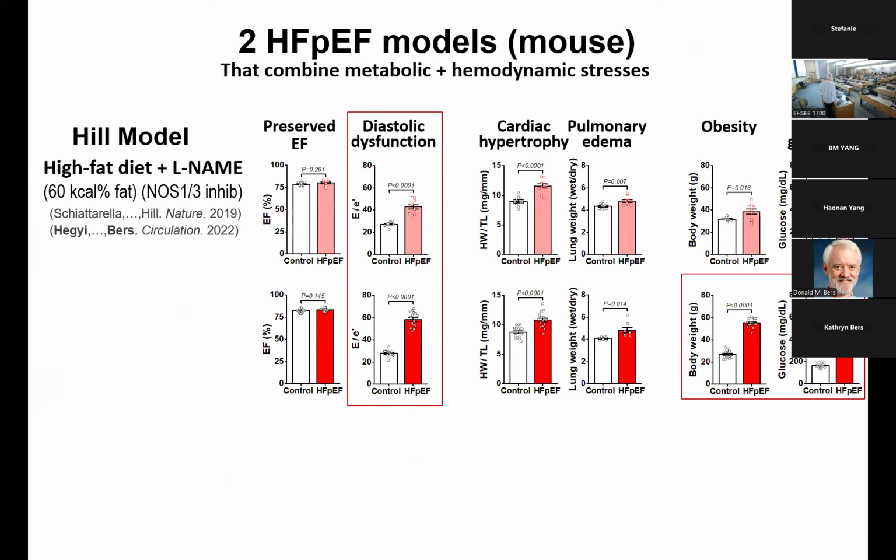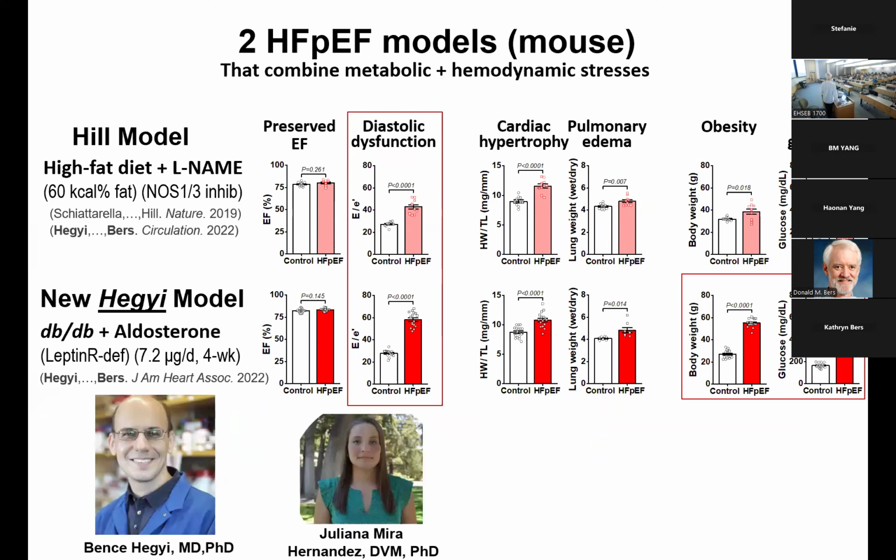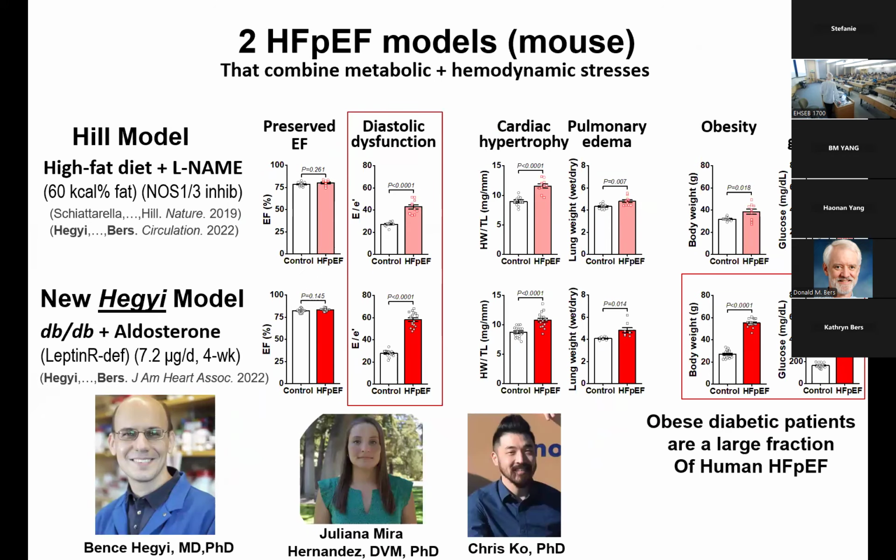So Joe Hill's lab developed a high-fat diet and L-NAME model, which produced very nice diastolic dysfunction with preserved ejection fraction. And it had some hypertrophy, some pulmonary edema, a little obesity, not really hyperglycemia. But we thought it would be nice to have a complementary model that really emphasized this new, more obese diabetic phenotype. And Ben Hegyi in our group really developed this model with a lot of help from Juliana Mira Hernandez and Chris Coe in the lab.